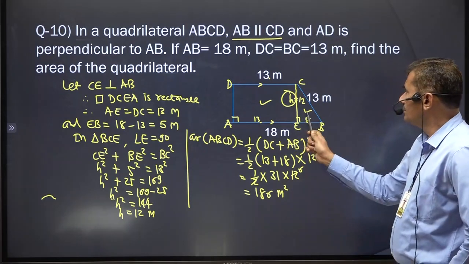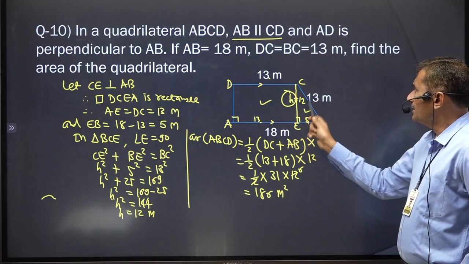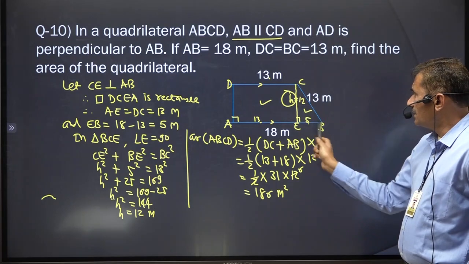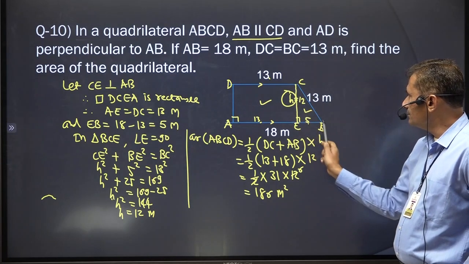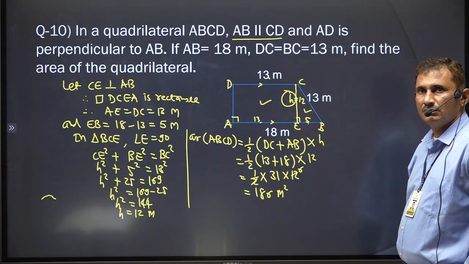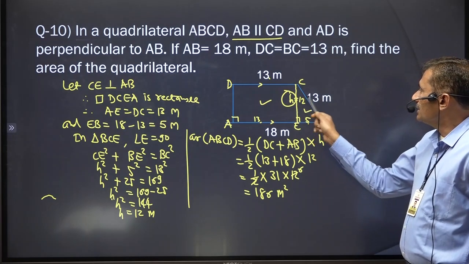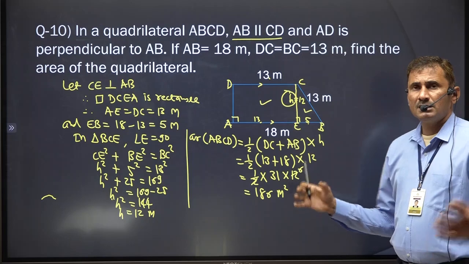Now come here. It is a right angle triangle. So area of triangle BC, how much? Half into base into altitude, half into 5 into 12. Now add both.